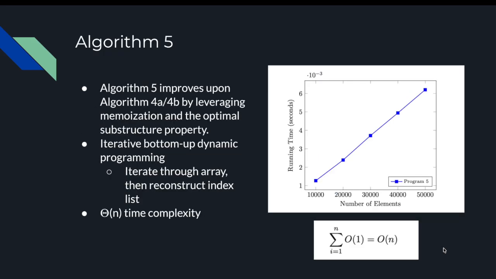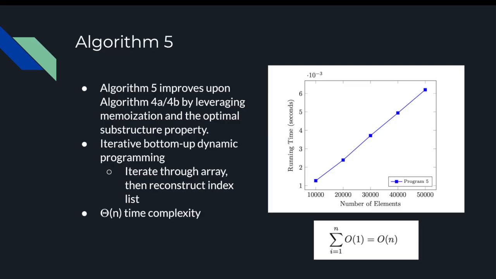For Algorithm 5, we improve upon Algorithm 4a and 4b by leveraging memoization as well as the optimal substructure property. Compared to Algorithm 4, where you rely on running an operation of i minus k whenever you have to find the maximum vault number of previously computed vaults, you instead leverage the optimal substructure property to recognize that the most recent calculated vault is the optimal solution.